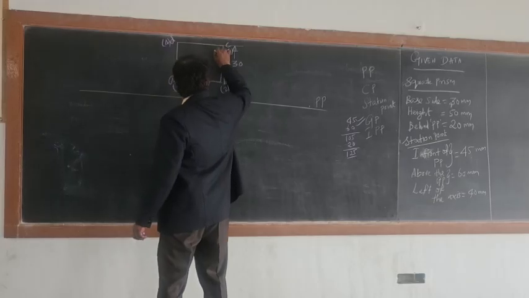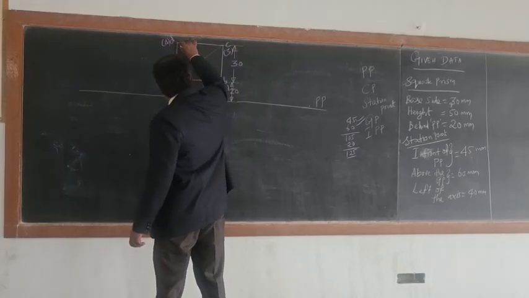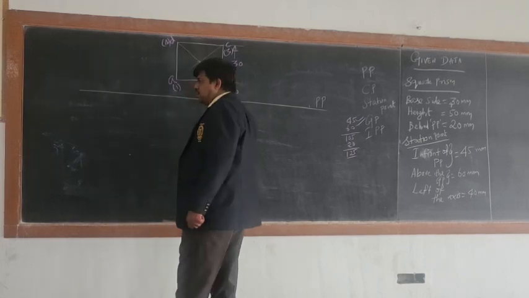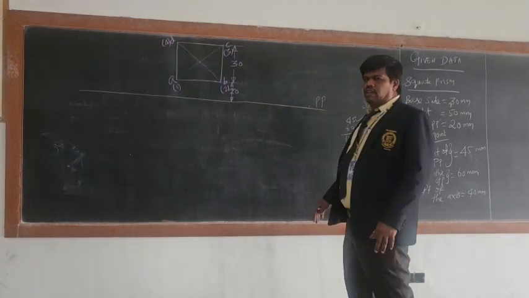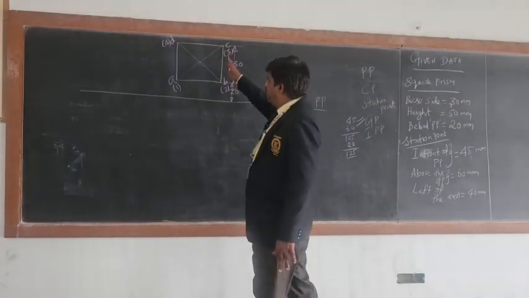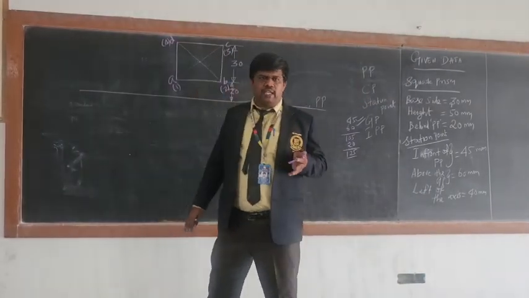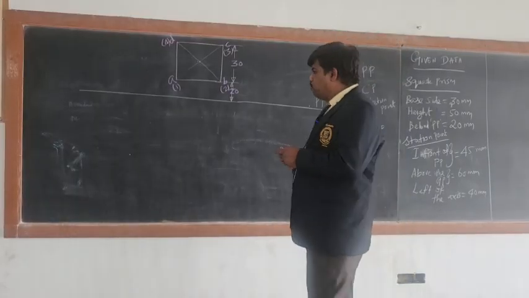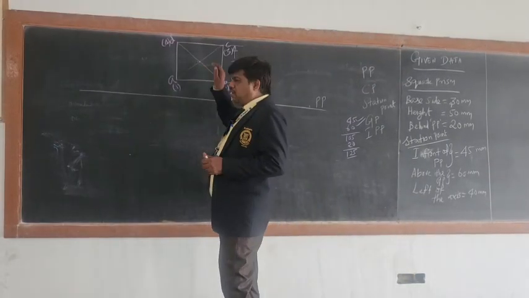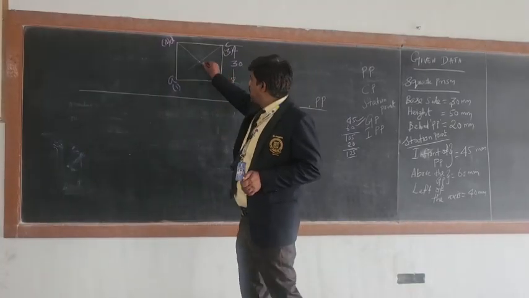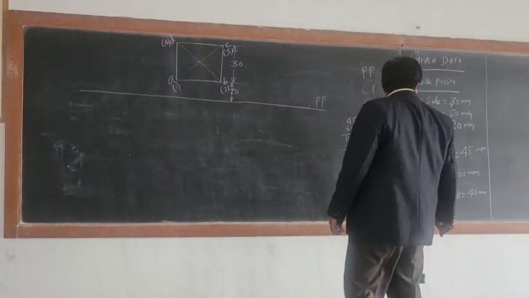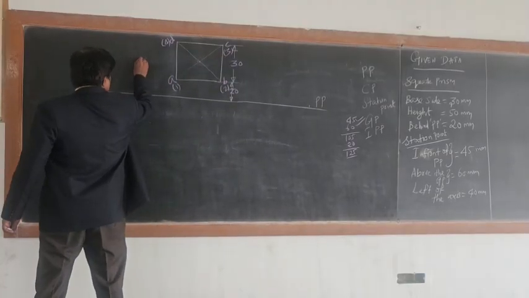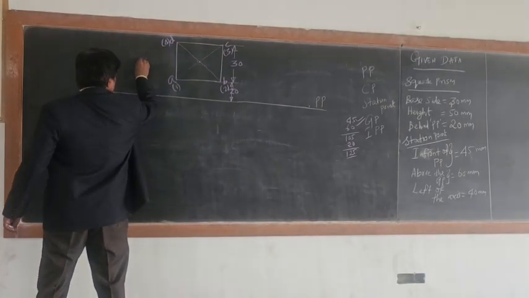If you draw the diagonals, you can get the axis point. In the square, there is no need to draw the diagonal line, but for your point of view, I have drawn it. This is the axis point. From the axis point 40 mm, the observer is standing from here to here, 40 mm.